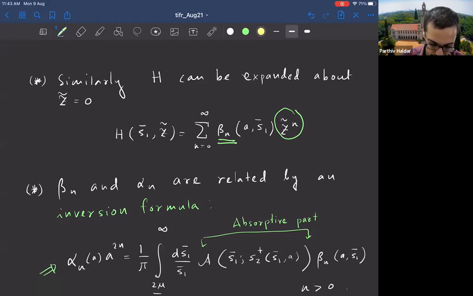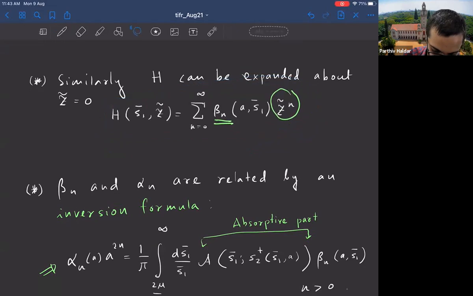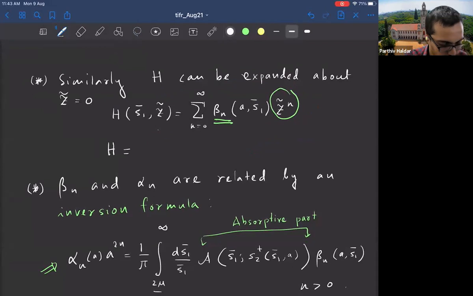Okay, I can show you. I have written this H, and I can write it here. H actually has a very specific form.